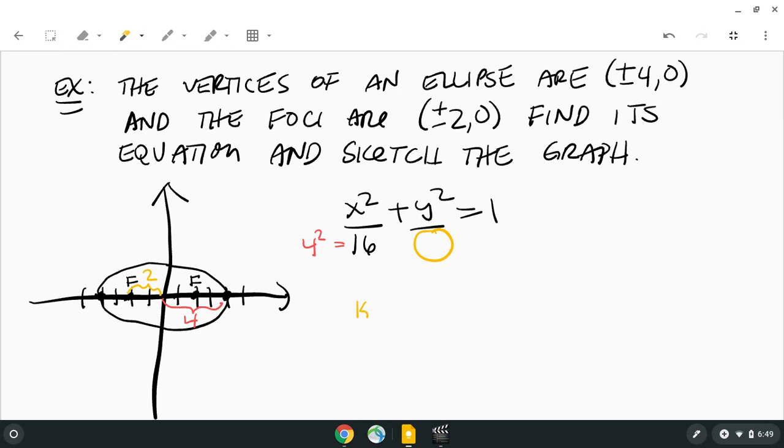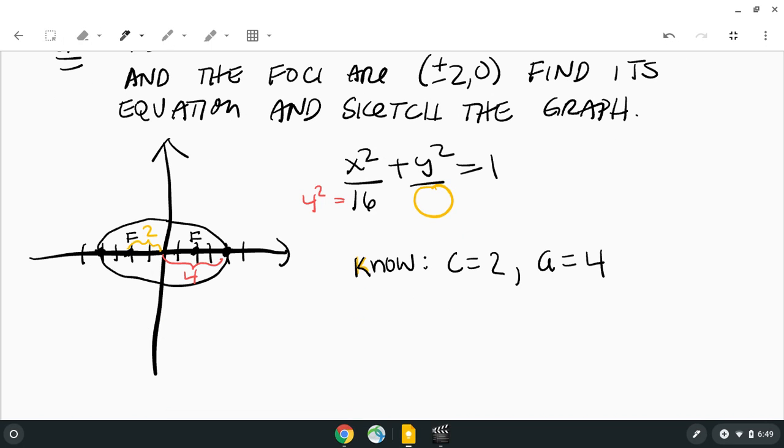And so I can use that almost Pythagorean looking formula. Okay, so here, let me get my black ink. I do know that C equals 2 and that A equals 4, right? And so I can use that formula.